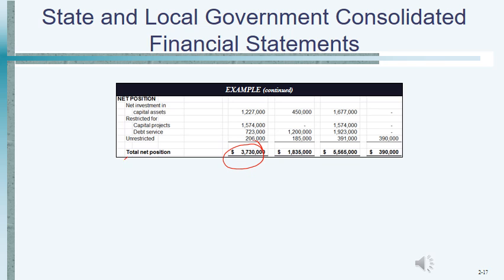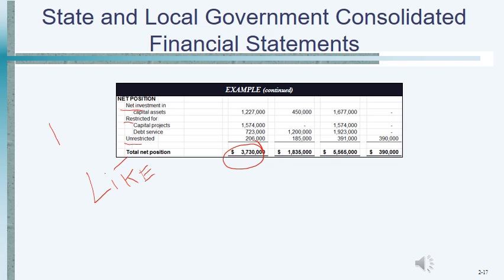Remember, we said that net position is L-I-K-E, like retained earnings. Like retained earnings. And then remember, we have 3 categories of our net position: restricted, unrestricted, and invested in capital assets net of related debt. And so we have our net investment in capital assets.